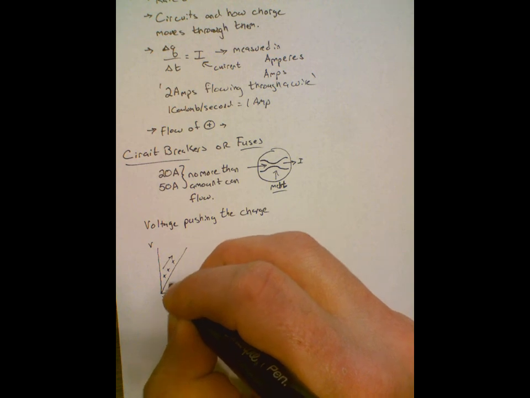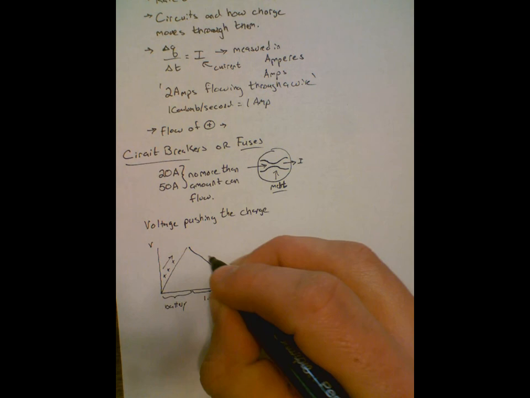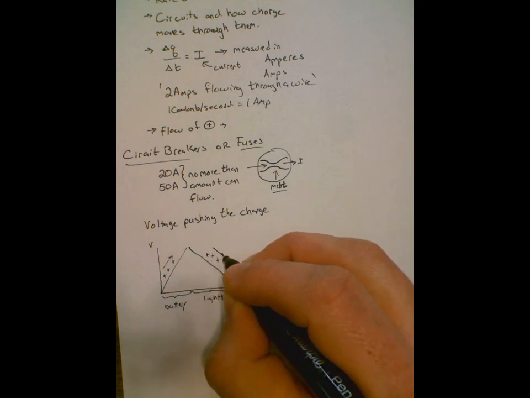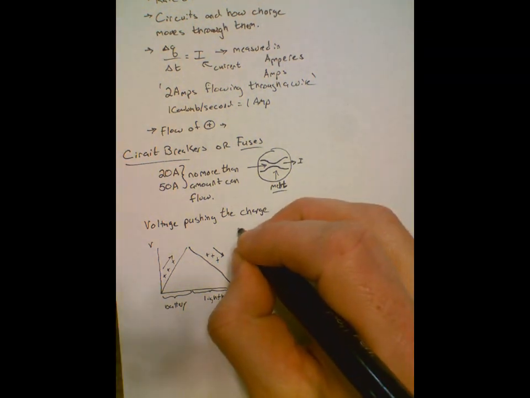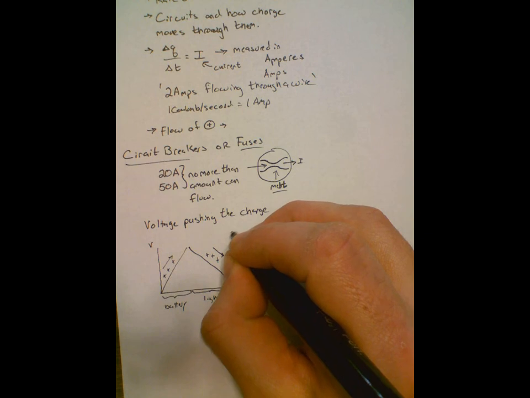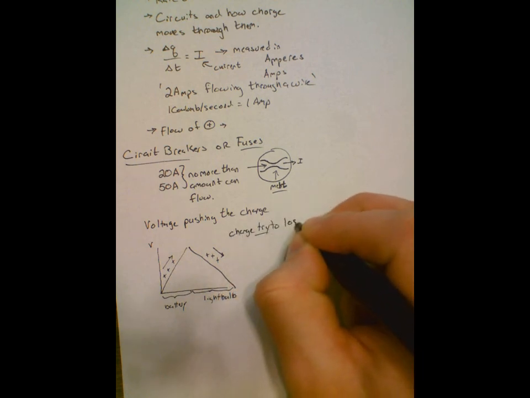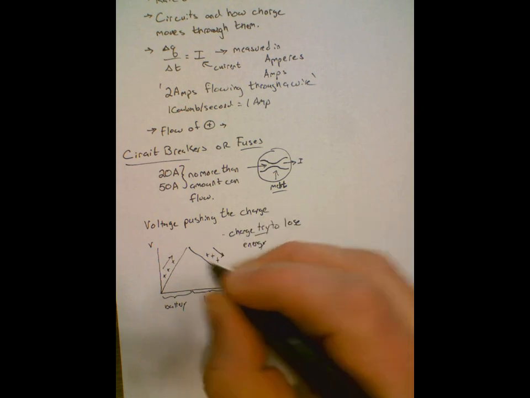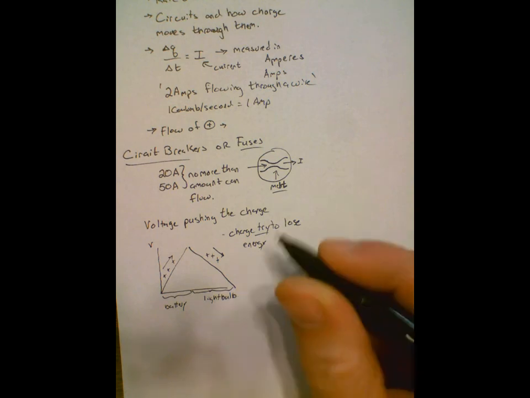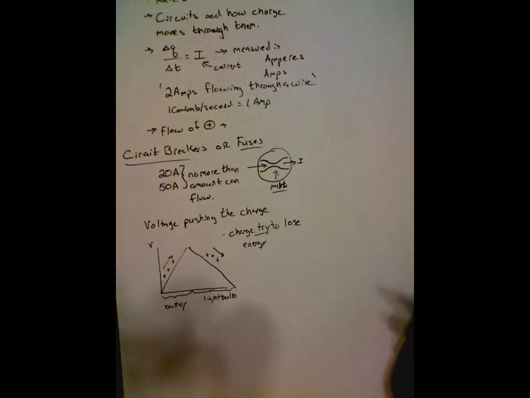The battery kind of forces it up the hill. It's kind of like a roller coaster. The light bulb uses up that voltage. It uses up that energy. What does it turn into? Light and heat mainly. Charges try to lose energy. They want to go down this hill, but the battery says no and forces them up and then lets them fall down when they go through the object.